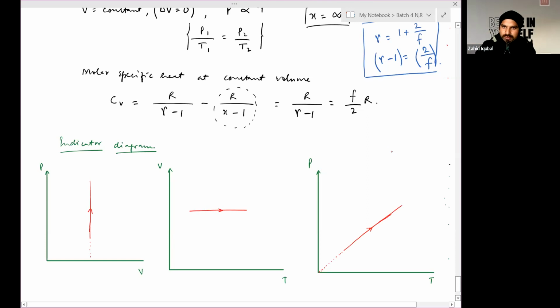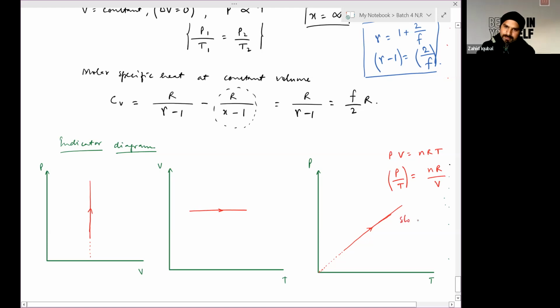According to the ideal gas equation, we may write PV equals nRT. Now move T to the left side and volume to the right side. So P over T will be equal to nR divided by V. So P upon T for this curve is defined as the slope and is inversely proportional to volume.